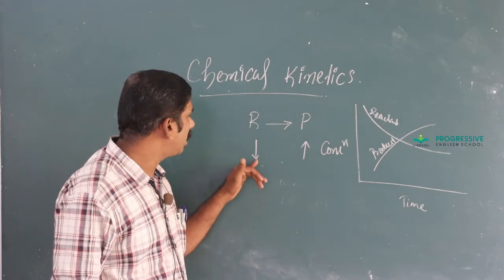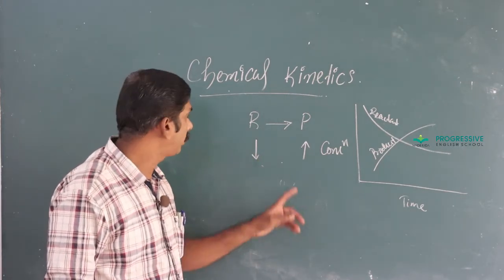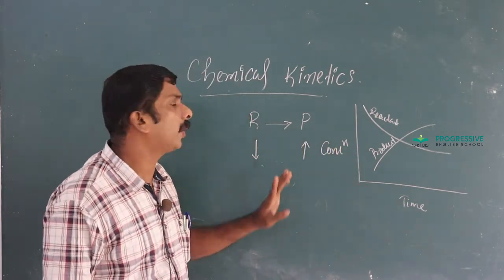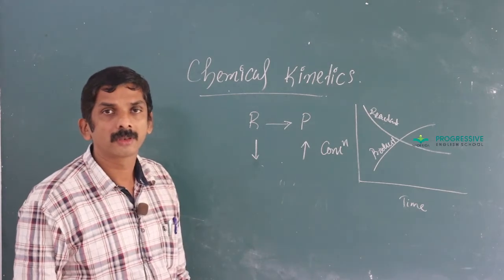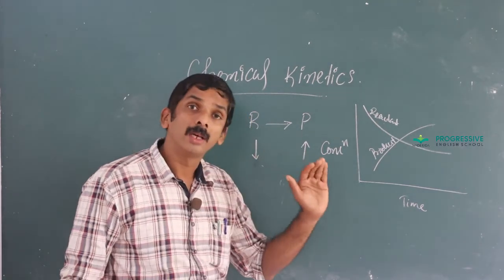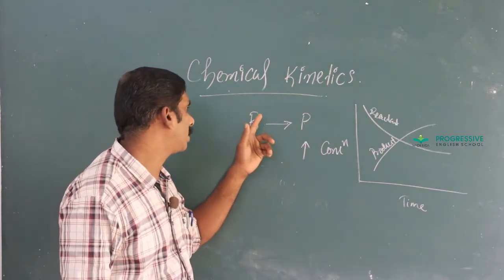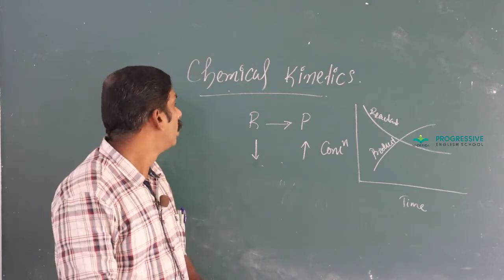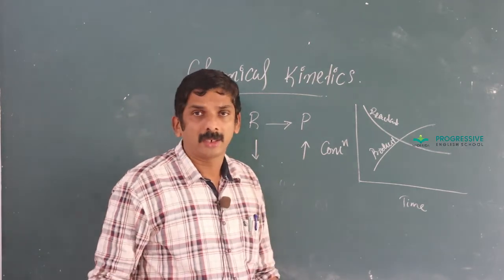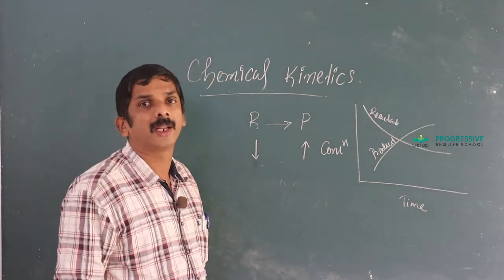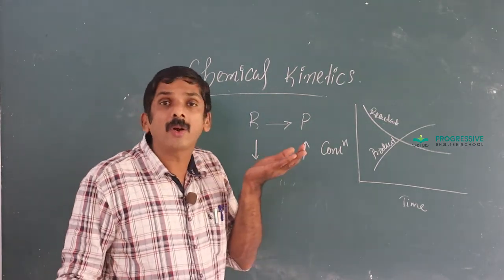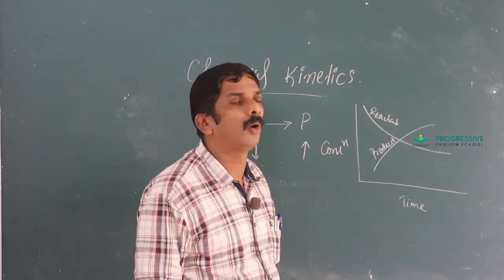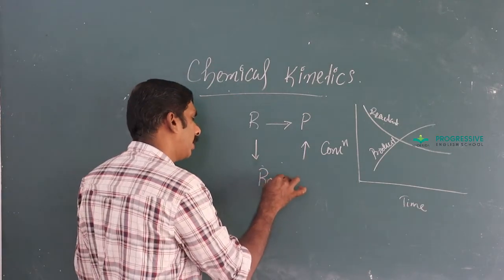That decrease in concentration of reactant or increase in concentration of product, or the disappearance of reactant as well as appearance of product, is called the rate of a reaction. Decrease in concentration of reactant or increase in concentration of product in unit time is called the rate of a reaction.